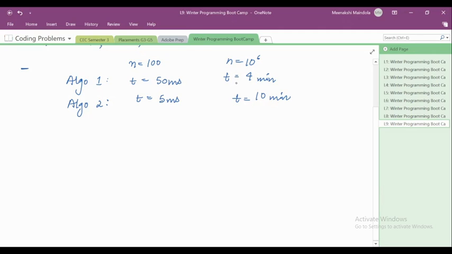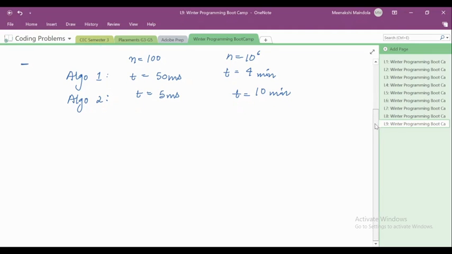For very large input, if an algorithm is working in less time as compared to another algorithm, then we say that algorithm 1, if it is working in less time, is better, right? So this is something that we wanted to look into.